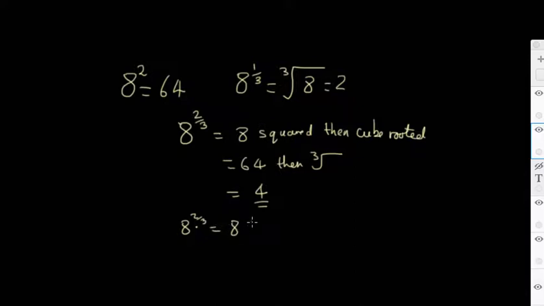So 8 cube rooted, then squared. So 8 cube rooted is 2, then squared equals 4. And as you can see, it doesn't matter which order we do it in, the answer is always the same. So that is the fractional indices.